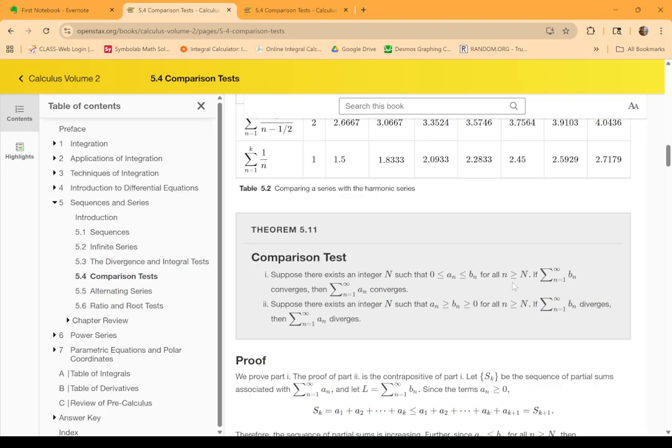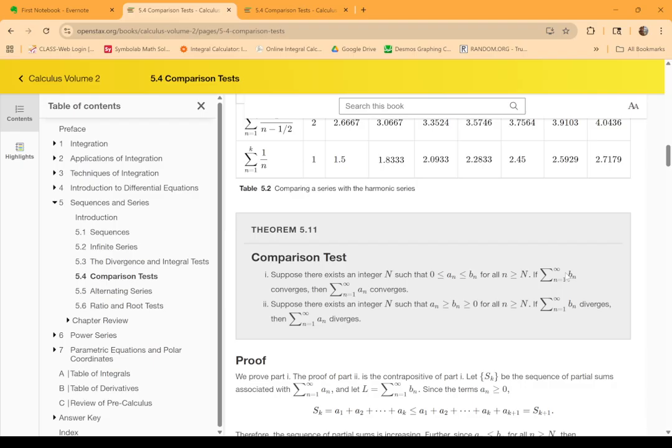So if we've established this inequality of the terms of the series, that a sub n is less than or equal to b sub n, and I know that b sub n converges. In these tests, it'll be helpful to know a family of series that is convergent or divergent.